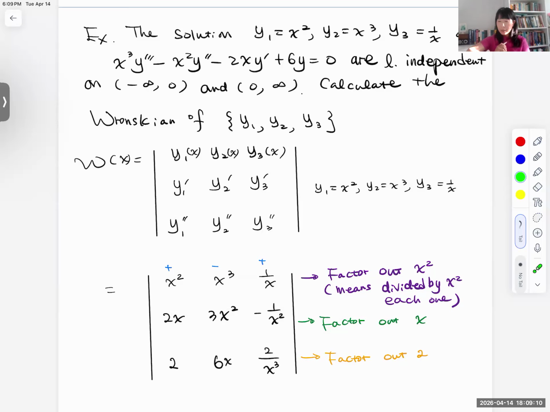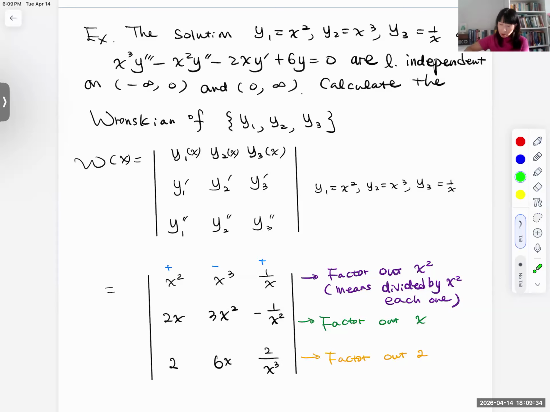I am following the textbook, but you can do whatever you like. So for the 3 by 3, we factor out x squared from this row.